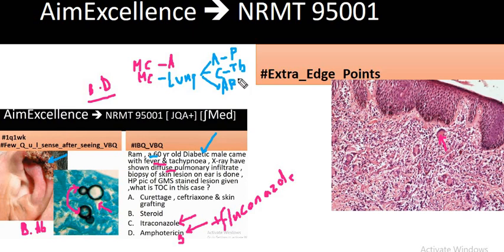And if the patient is presenting with ARDS, which has a very grave outcome, the mortality is very high in these cases.